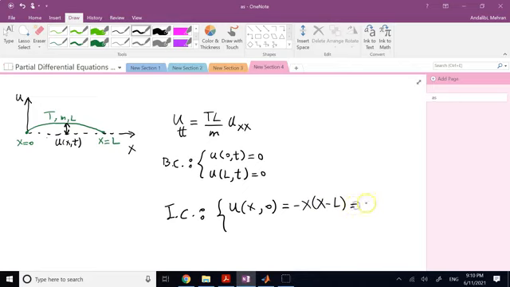So it is Lx minus x squared. This function is 0 at both x equals 0 and x equals L, and its max happens at L over 2, where it is L squared over 4.